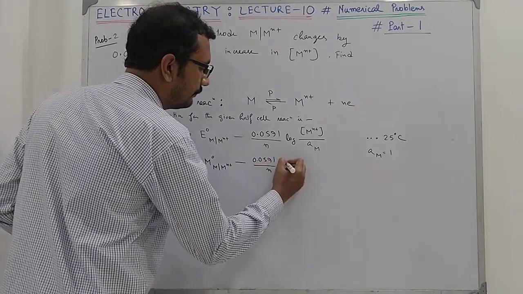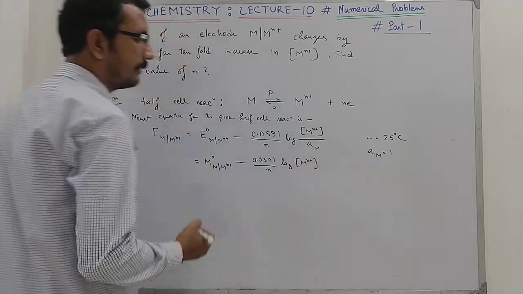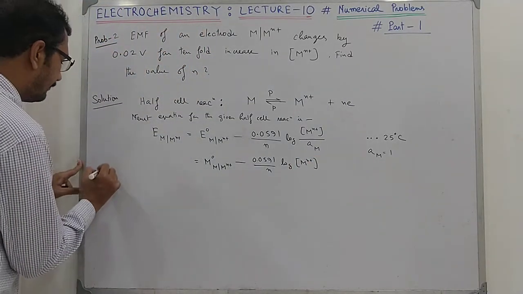like E equals E0 minus 0.0591 by n log Mn+. Now there are two cases.